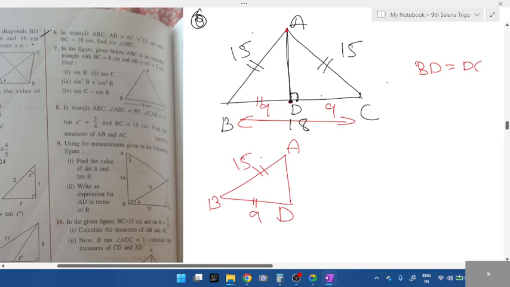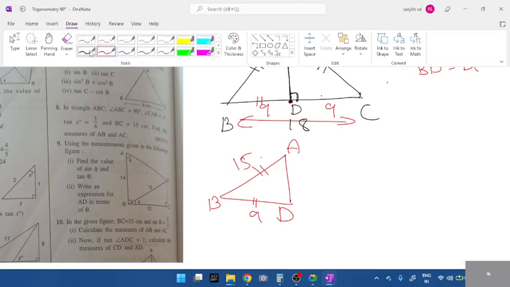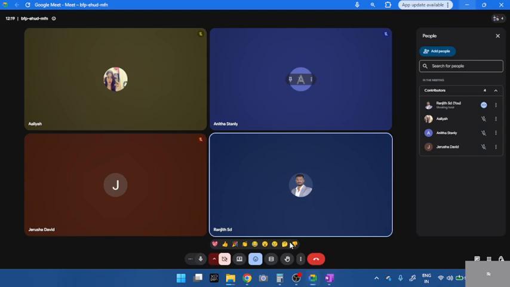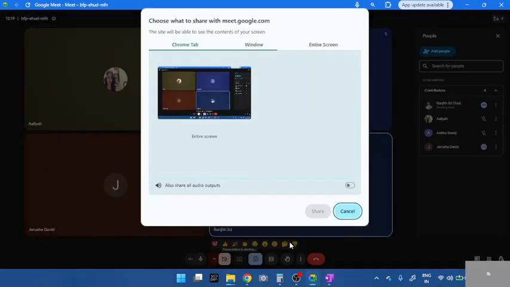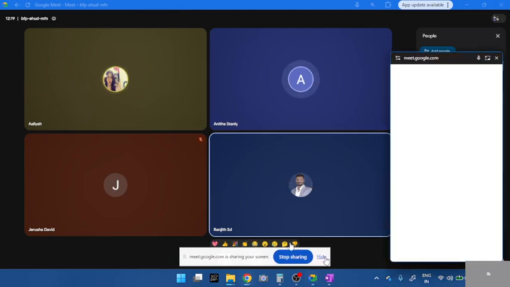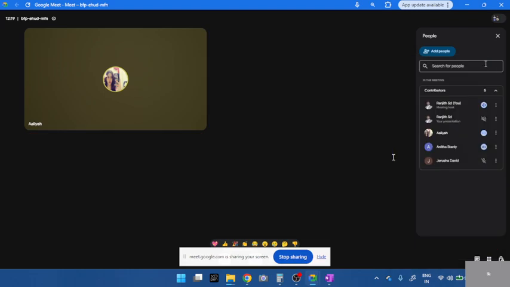See, we are doing the sixth one. Jerusha, can you see the screen? Respond. No? Why? Rejoin again. What about others? Not able to see the screen? No, no. Jerusha, now you check. Now is it clear?